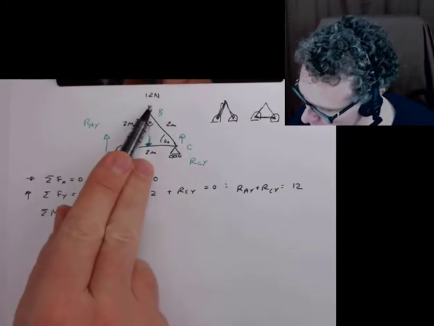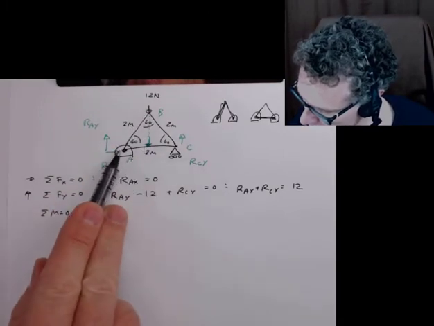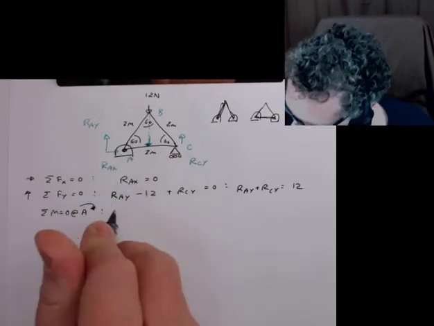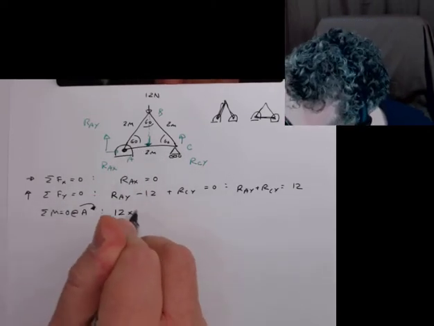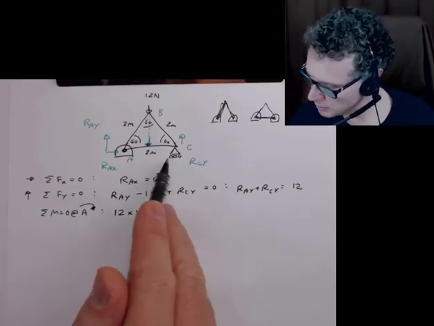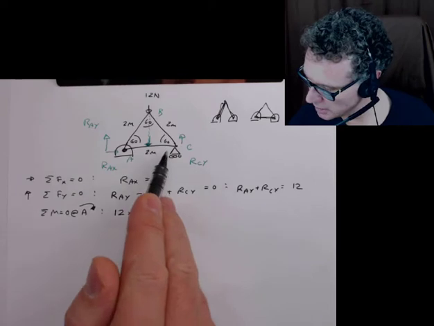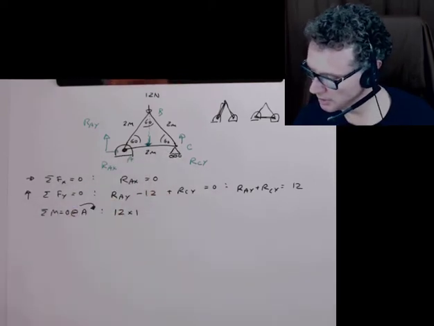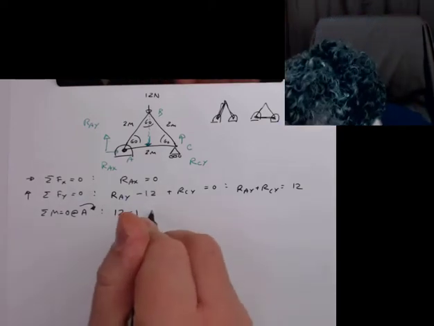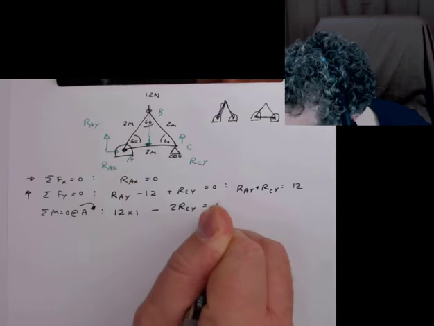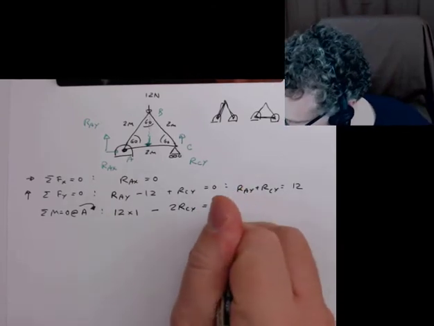So we'll take moments at A and we'll go clockwise. The first force I can see that's going to create a moment is this 12. I'll bring it down to the x-axis, and it'll be 12 times 1. It's a positive moment. And the other one is this RCY going upwards. It's going to be 2 meters away from A, so that'll be minus 2RCY equals 0.